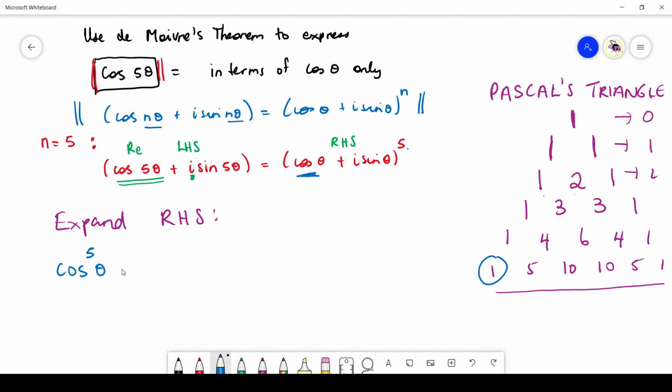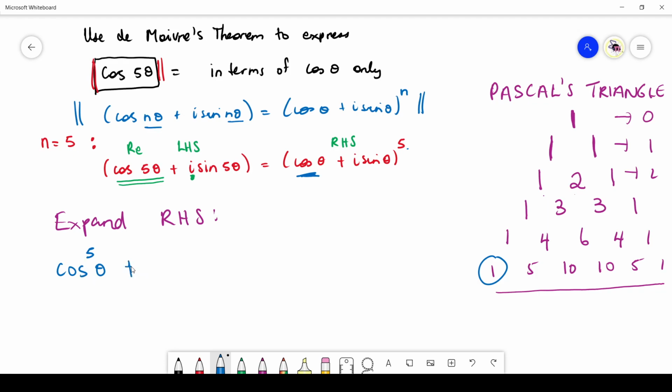Then the i sin theta will have to be raised to the power of 0, such that the sum of these two powers should always be equal to the power given in the question. Anything raised to the power of 0 gives us 1, so this disappears. That first term is going to give us cos to the power of 5 theta.